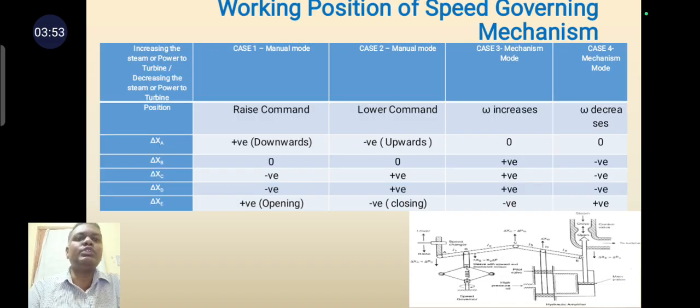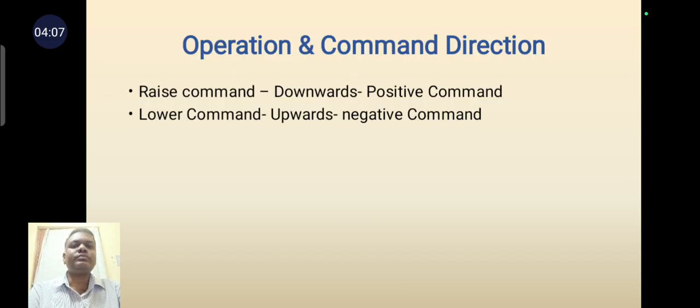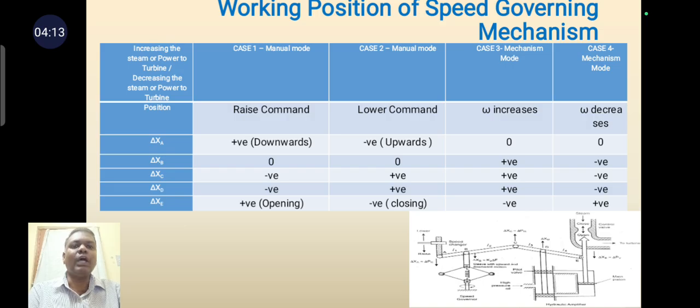Here is the working position of the speed governing mechanism. First, the manual mode: case 1. Case 2 is also a manual mode. For case 1, we are going to give the raise command. The raise command means the speed changer comes to the downward direction. Here from the diagram, point A comes downward, so that is positive.